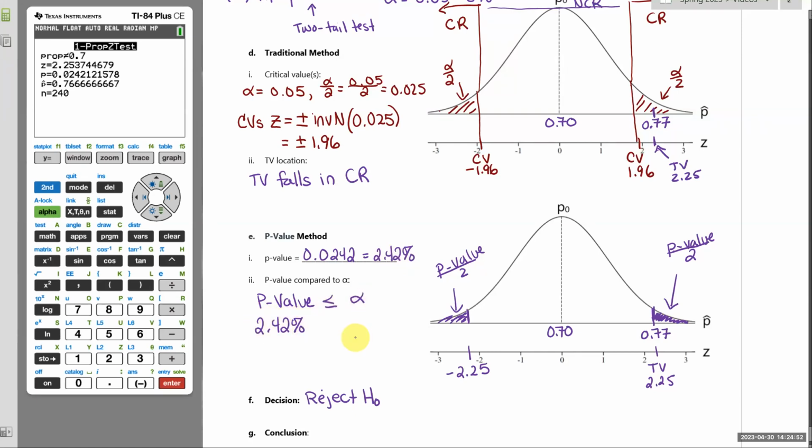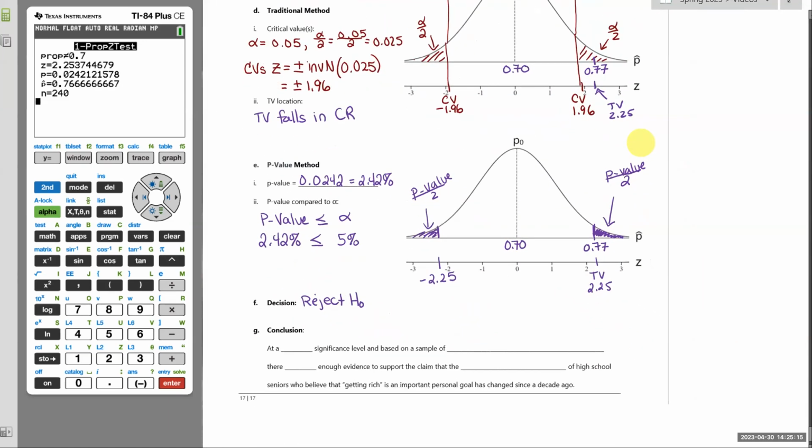Our alpha was 5%. So indeed, our p-value is smaller than our alpha. And we just say less than or equal to, again, a technicality here. All right, and when our p-value is low, we let the null go. So it's all coming together.